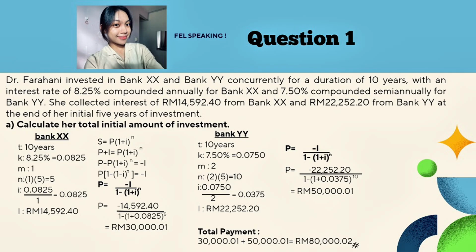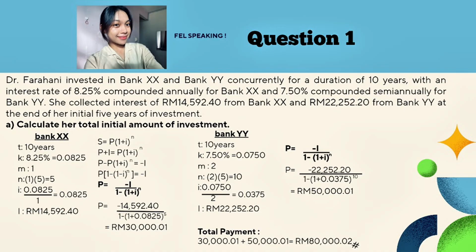For Bank YY, we use the same formula as the previous bank. Next, we key in all the information for Bank YY. So P equals negative 22,252 ringgit 20 cents over 1 minus (1 plus 0.0375) to the power of 10. So the answer for Bank YY is 50,001 cents.